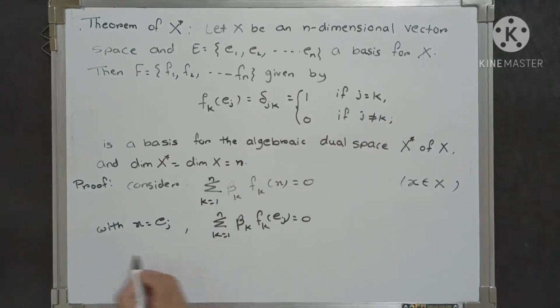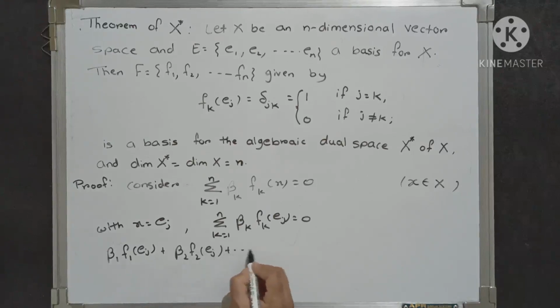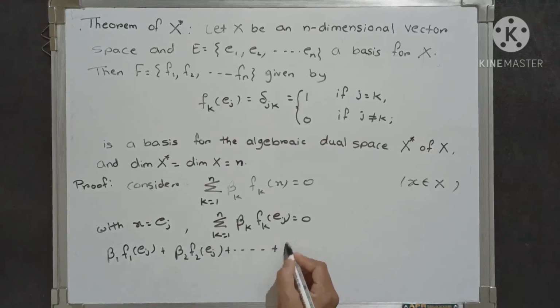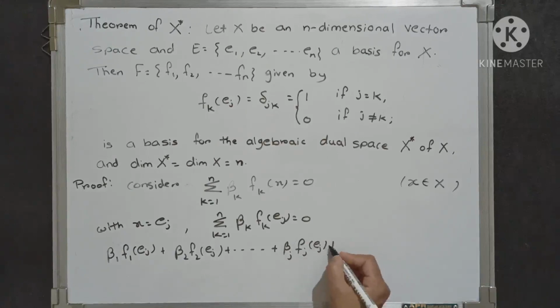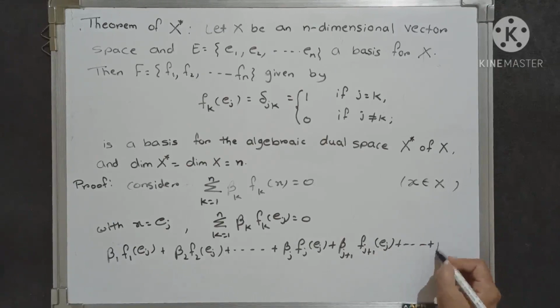That means in this sum we have beta 1 F1 of Ej plus beta 2 F2 of Ej up to beta j Fj of Ej plus beta j plus 1 Fj plus 1 of Ej plus, and the last term is beta n Fn of Ej equals 0.